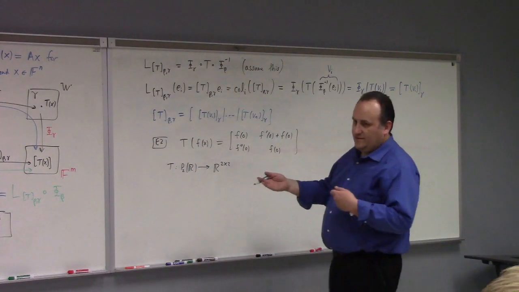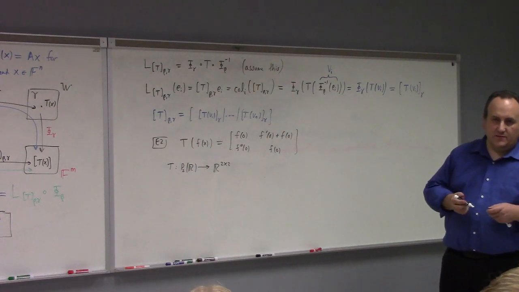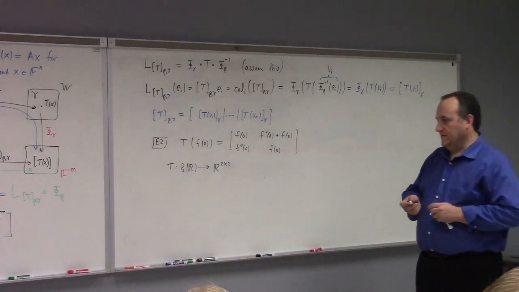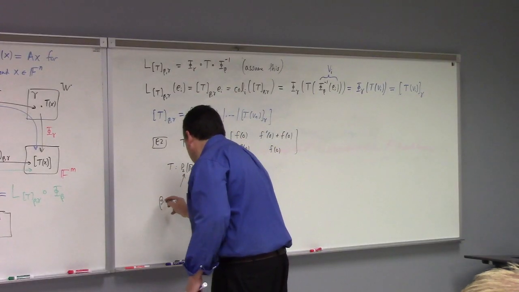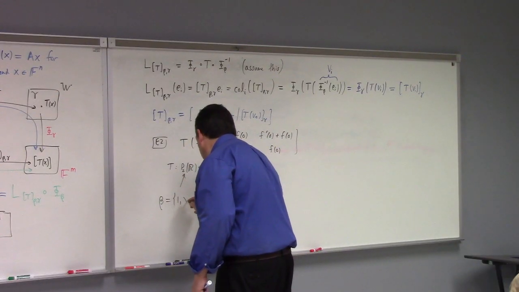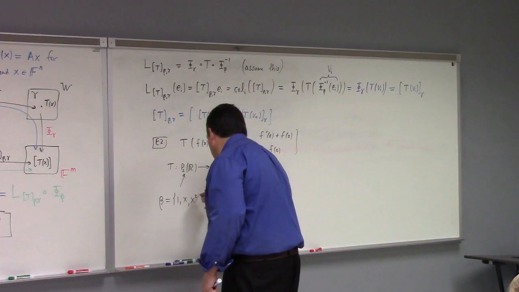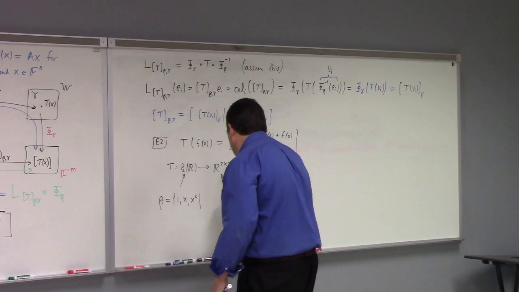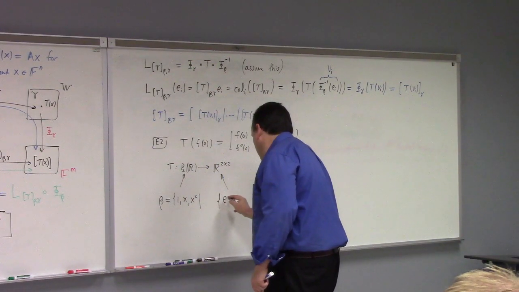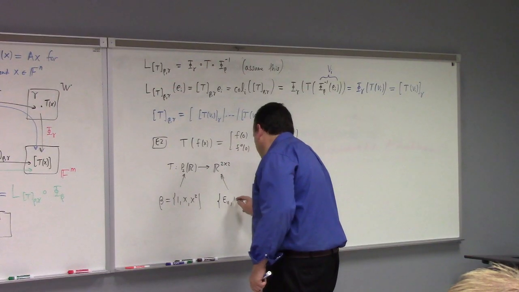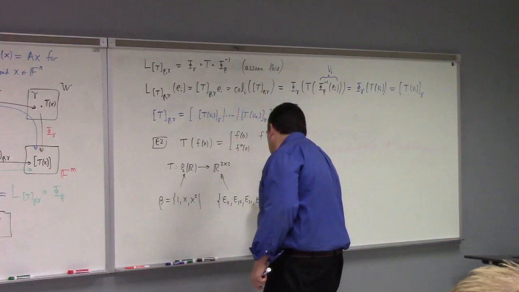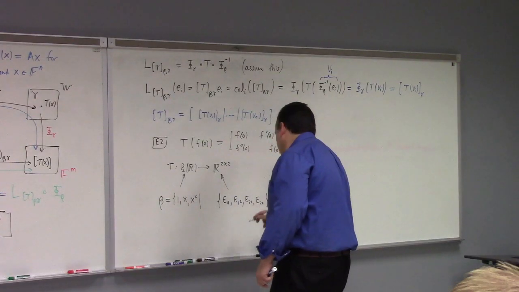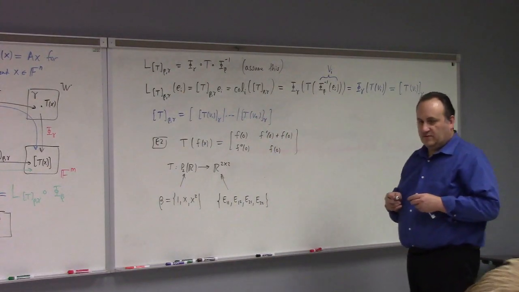So we need a basis for the domain and a basis for the codomain to calculate the matrix, right? So how about this? We'll use basis 1, x, x squared for that guy, right? And we're going to use the basis, this is the so-called lexicographically ordered E11, E12, E21, E22. This is the lexicographically ordered basis for the 2 by 2 matrices, right?